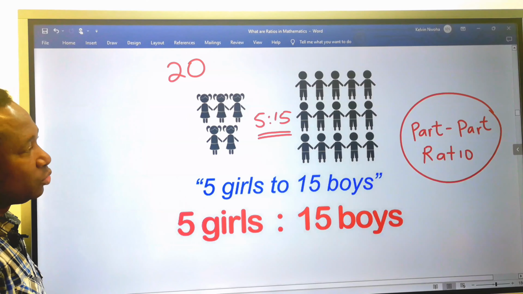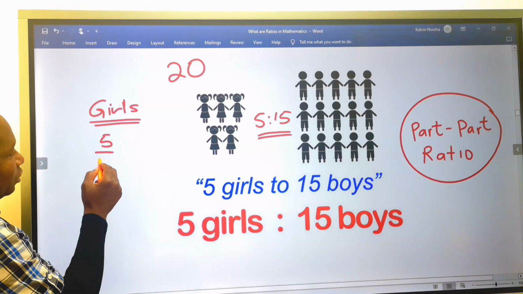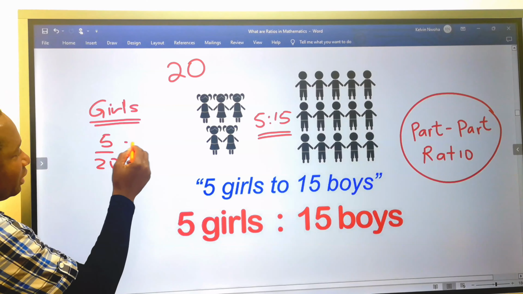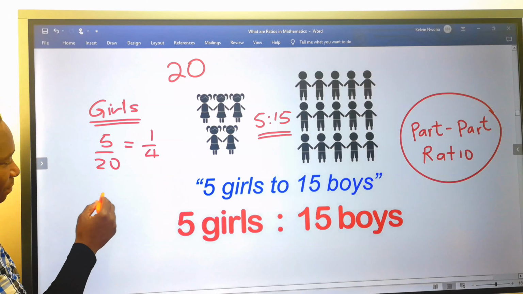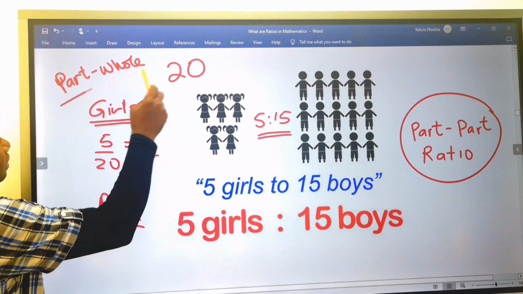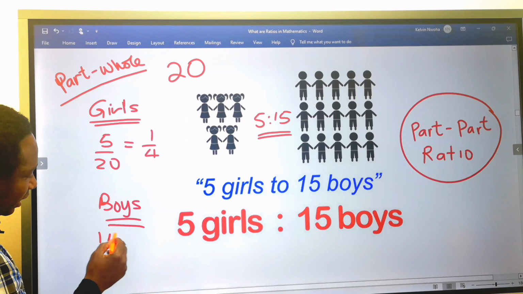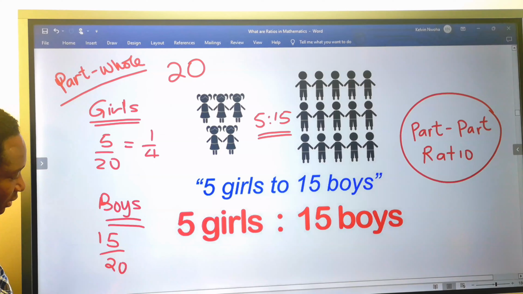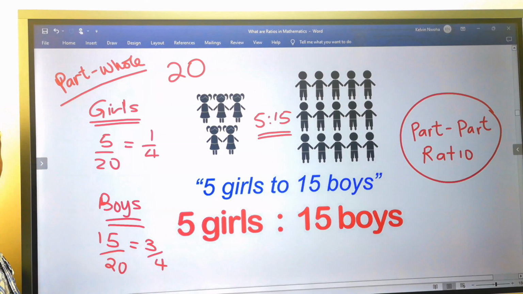For part to whole, the girls will be 5 to 20, which is 1 to 4. While for the boys, the part to whole for the boys will be 15 to 20, which is 3 to 4. 5 here is 3 and 5 here is 4.